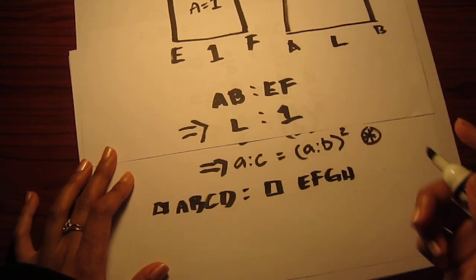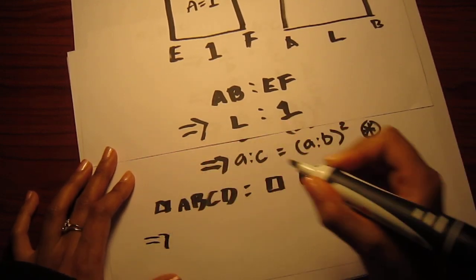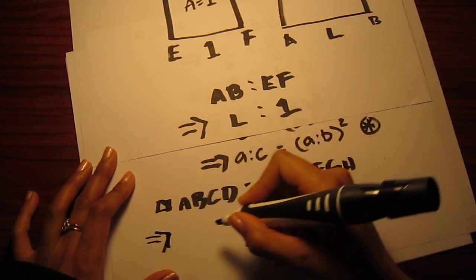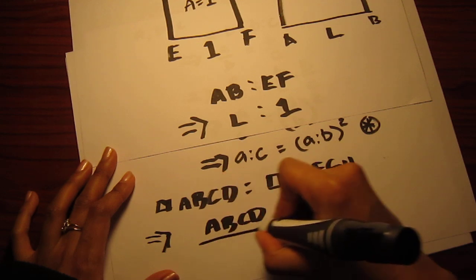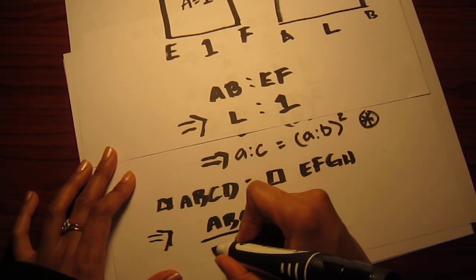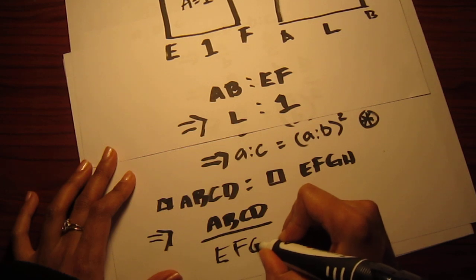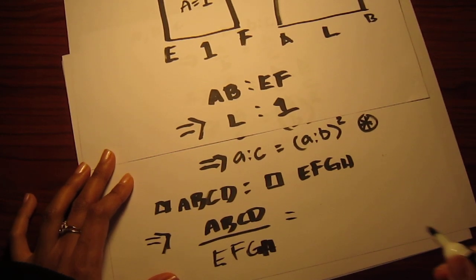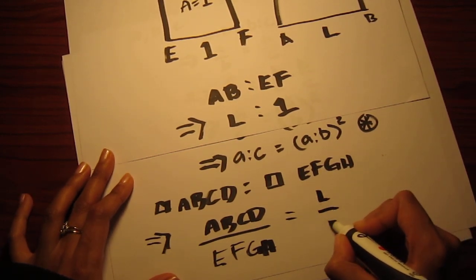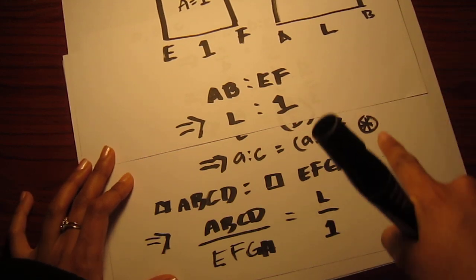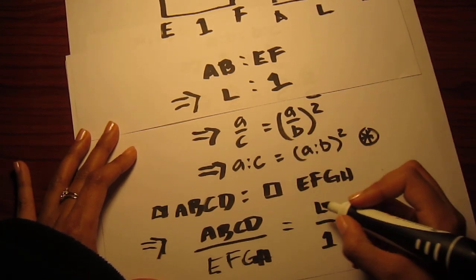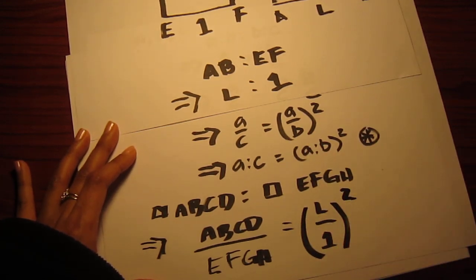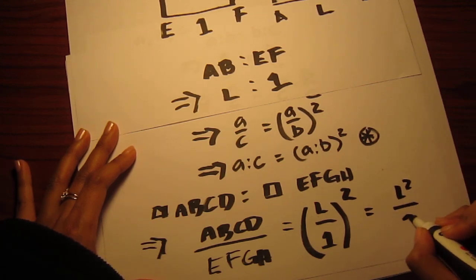Okay, now from our ratio property, we could say that this is the same thing as the square ABCD to the square EFGH is equal to L over 1, squared, from our ratio property, which gives us L squared over 1.